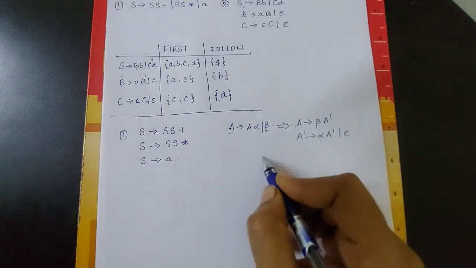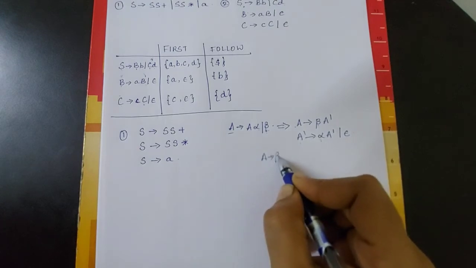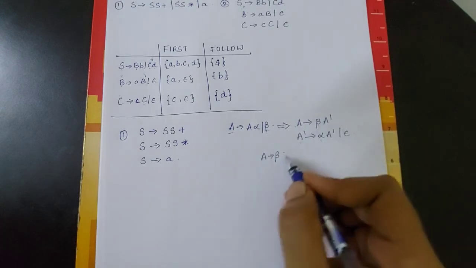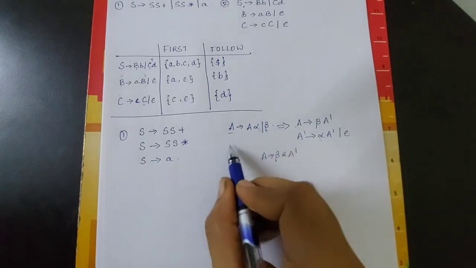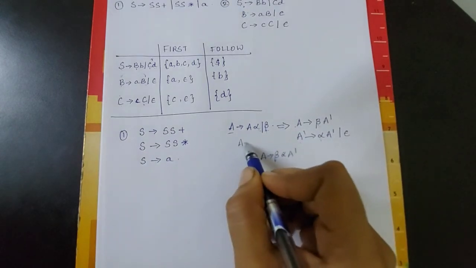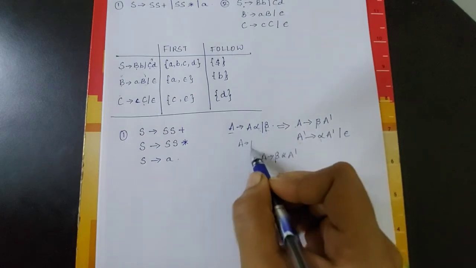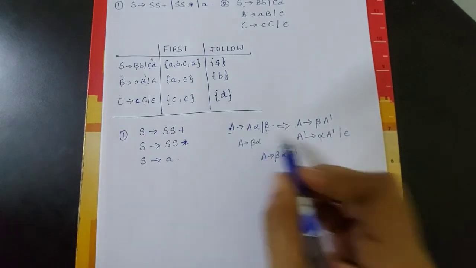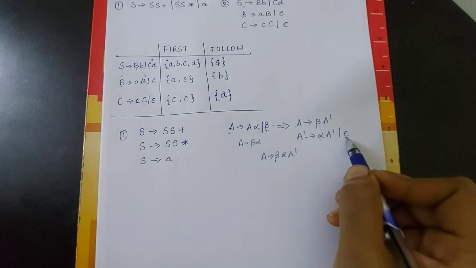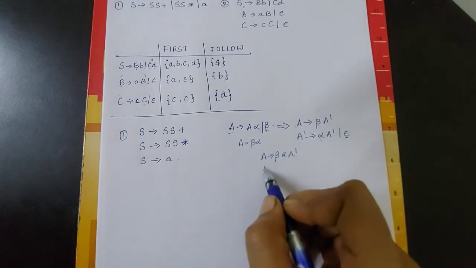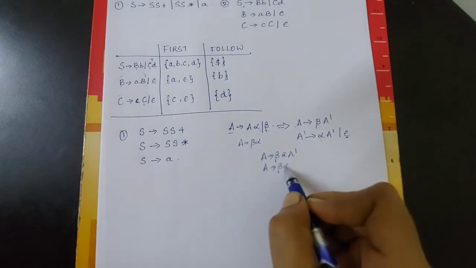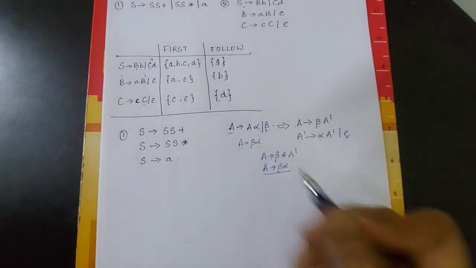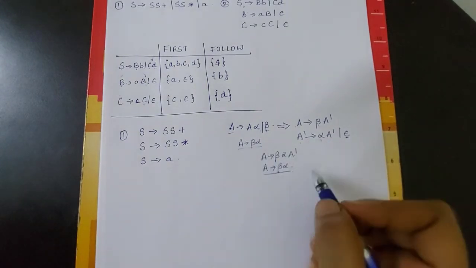A derives beta A dash, and for A dash I will write alpha A dash. Now using this production we can write the same, right? A derives, what is A? A can be beta, beta alpha. And A dash I can substitute with epsilon, that is empty string. So it will become like this. Alright, this is the method to eliminate left recursion.